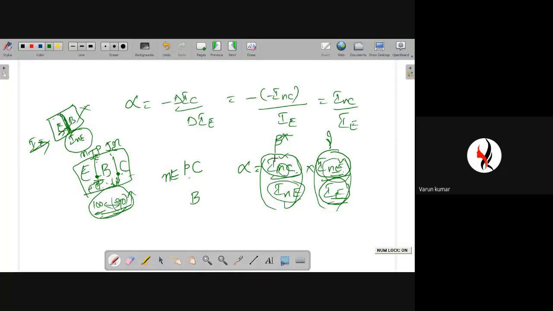It is nothing but how efficiently the electrons have traveled to the last stage of your transistor. That last stage is your collector. The collector finally collects your electrons. If it collects efficiently, then it is highly transported. If it does not collect efficiently, then it is not efficiently transported.